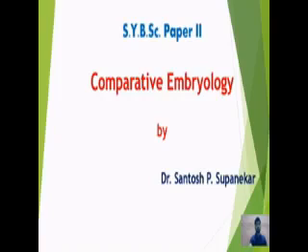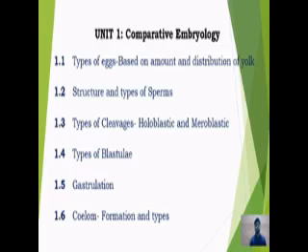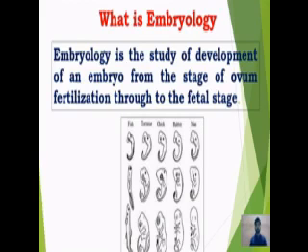Okay, students, now we are going to study comparative embryology. This is unit first, comparative embryology, and previously I described these six subunits. And what is embryology? It's a very simple term. After the fertilization of the egg or ovum, development goes on inside the embryo.